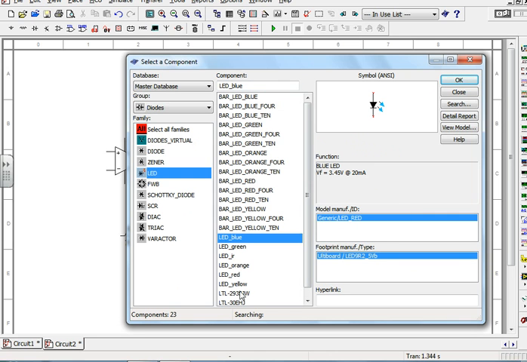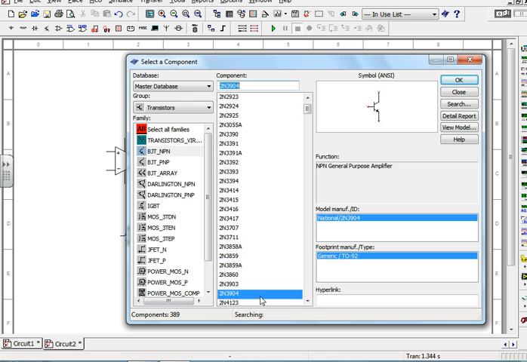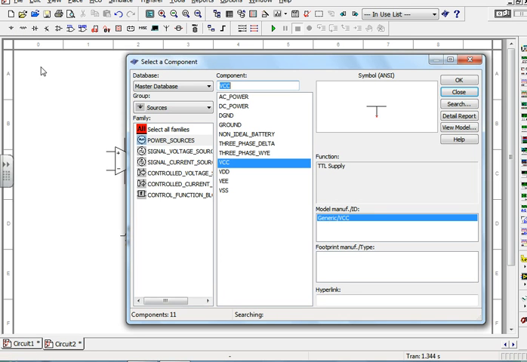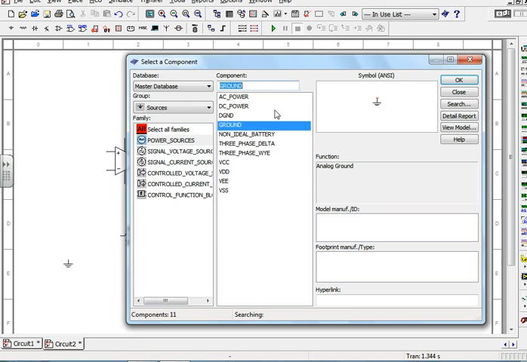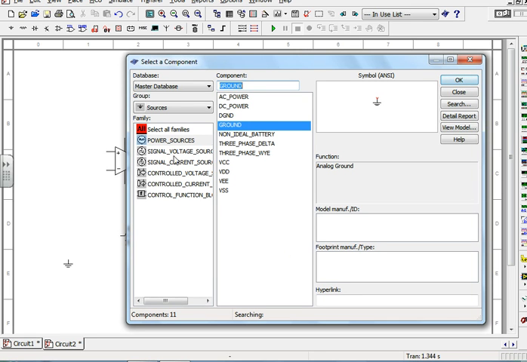What color light emitting diode do we want? Orange? Okay. I need a transistor. Any particular transistor? That looks good. And I need a couple grounds. One, 2 grounds, and I need 5 volts.